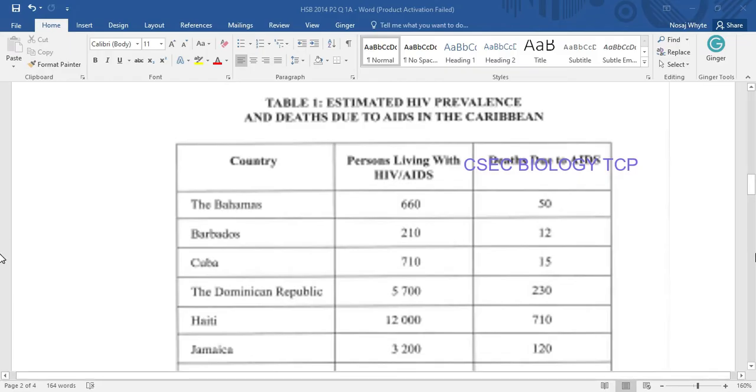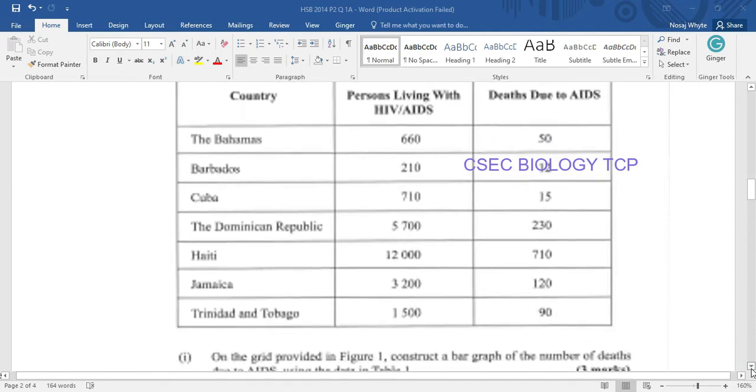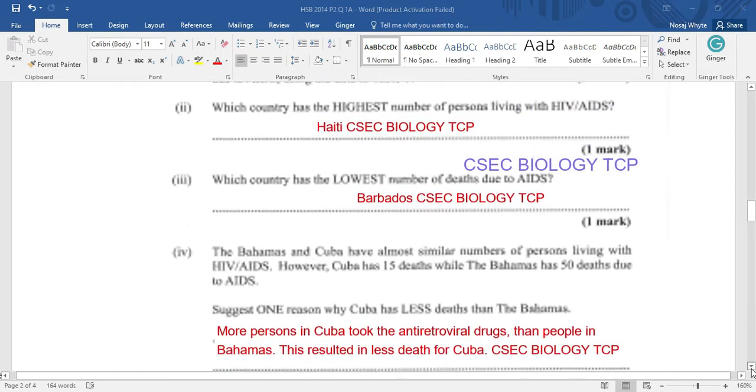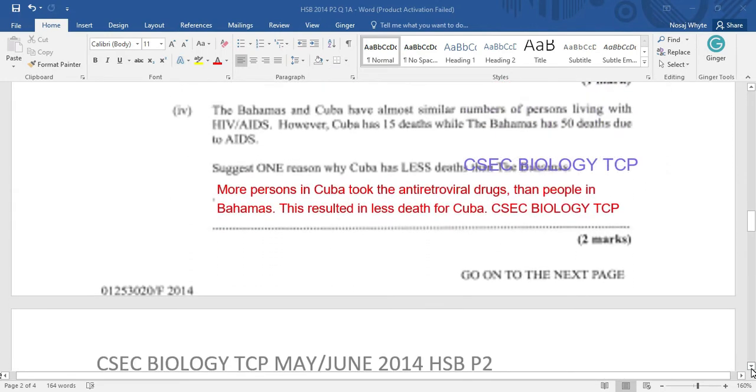What would have caused this difference in the death toll, despite the number of persons living with AIDS being somewhat similar? What do we think? We're supposed to suggest one reason why Cuba has fewer deaths than the Bahamas. We must take into consideration that it is a suggestion, so your answer might be a little different than mine.